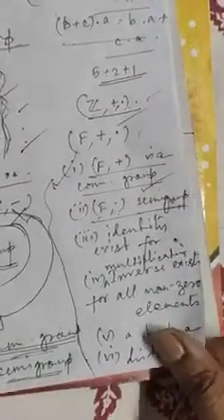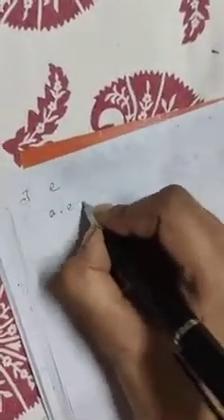Next, identity exists for dot. That means with respect to dot we have some multiplicative identity. So there exists some element E such that A dot E equals A. So this is called multiplicative identity.